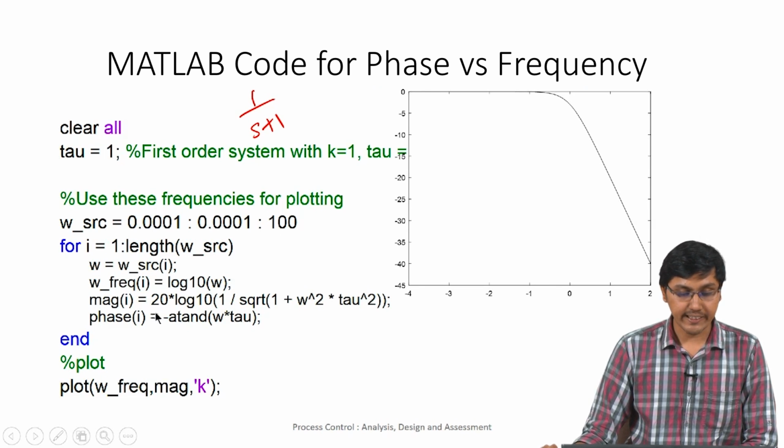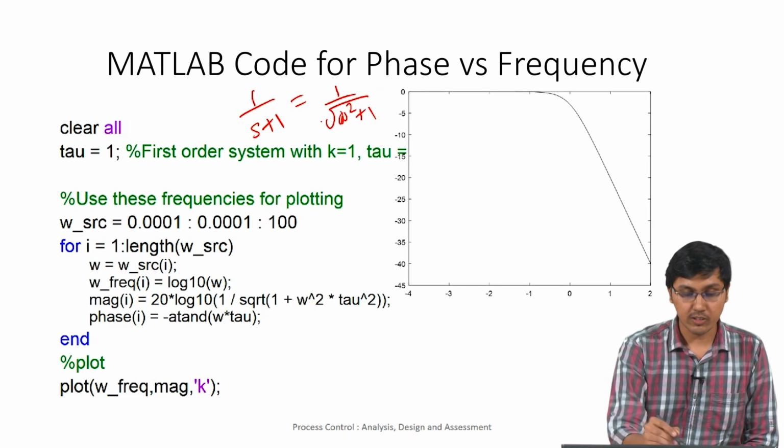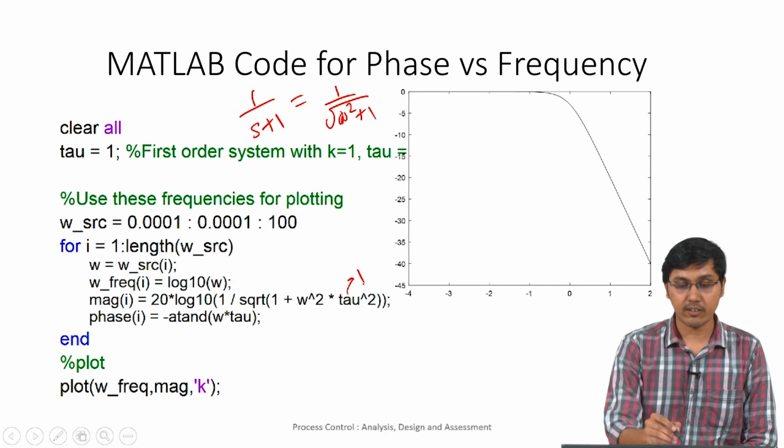We take the magnitude as 20 log 10 of 1 by square root of omega square plus 1. Since tau is equal to 1, tau doesn't appear here.